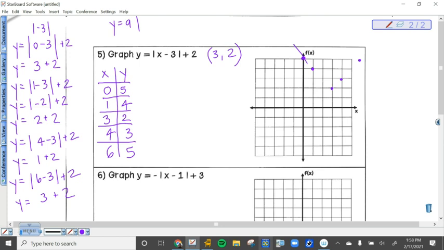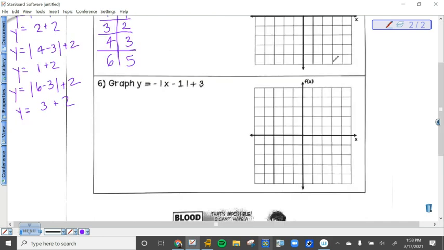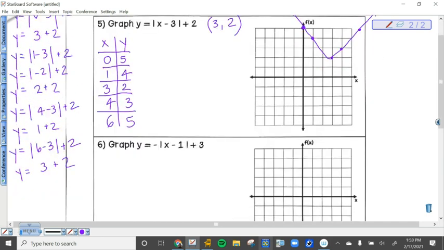Okay. So you should have a graph for that. And then, just because we're running out of time, just give me the vertex. Give me the vertex for this. Find the vertex.